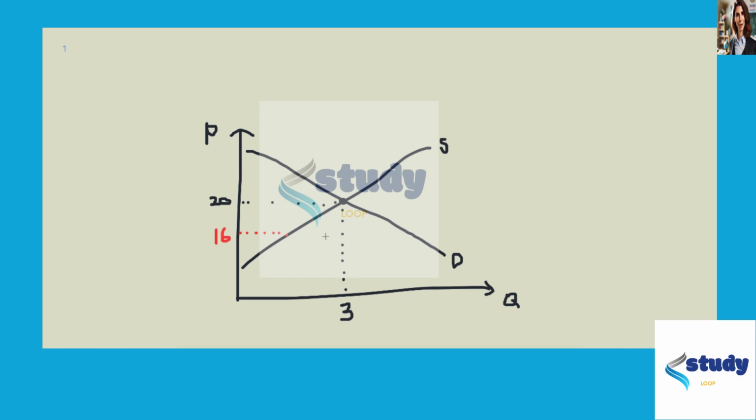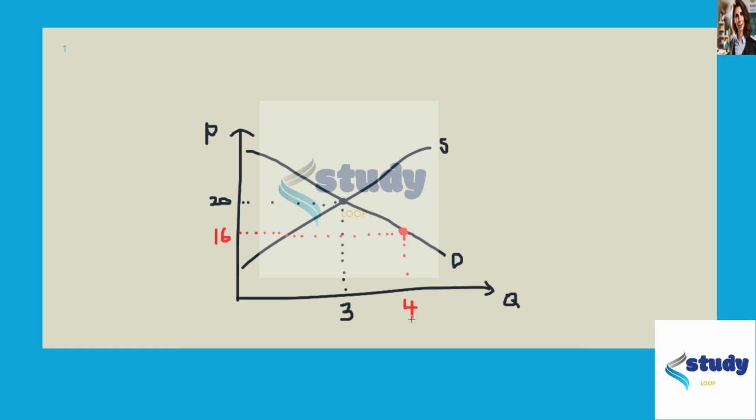And when the market price of t-shirt falls to $16, the number of t-shirts consumed rises to 4 million. So the demand for t-shirts rises to 4 million. So this point is 4.